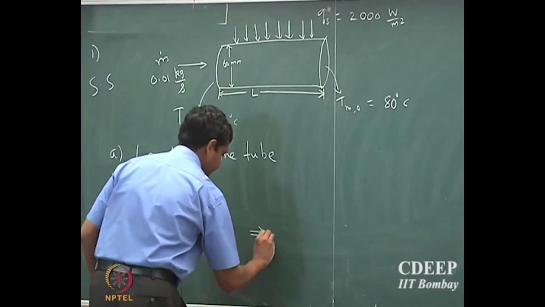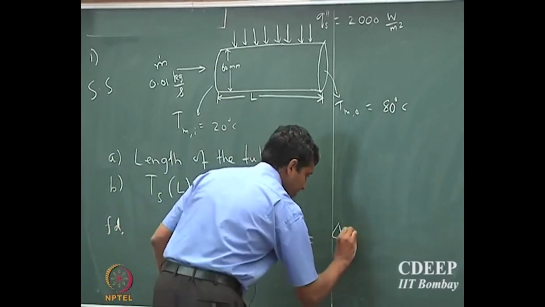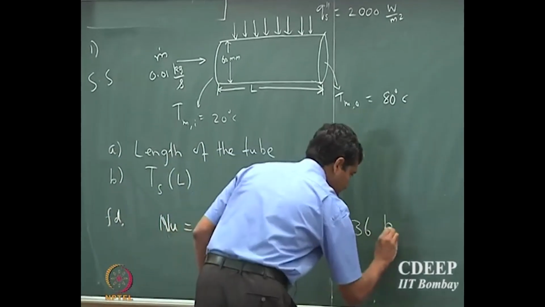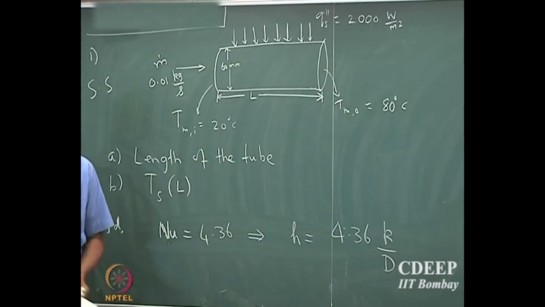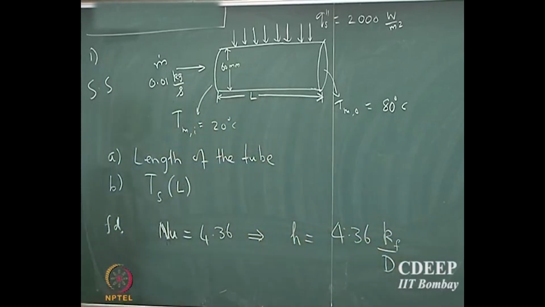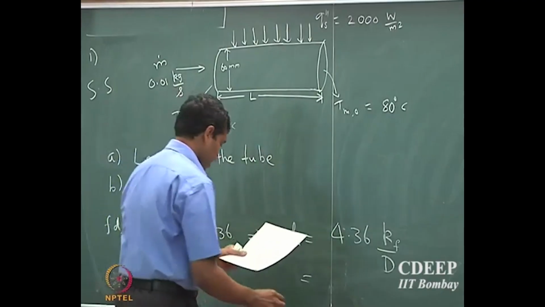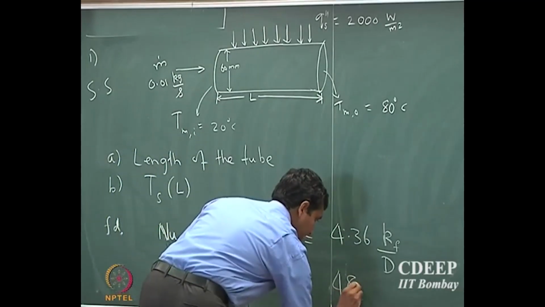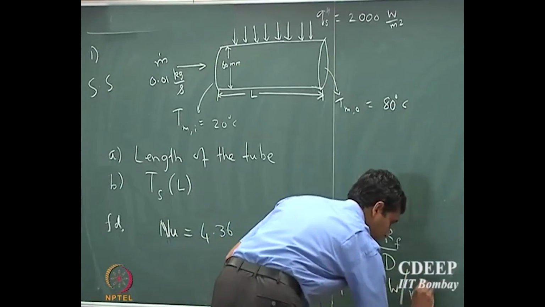So from here I can find the heat transport coefficient, 4.36 into K by D. That's the conductivity of the fluid, Kf, divided by D. So if I throw in these numbers, it will be 48.7 watt per meter square Kelvin.